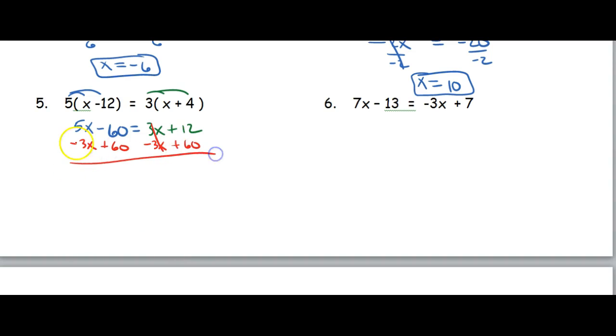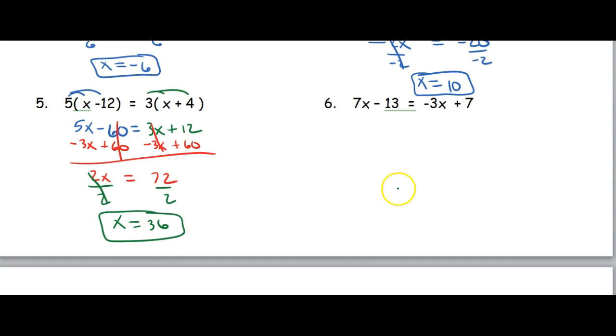Add 60. Now, 5x minus 3x is 2x equals 12 plus 60 gives me 72. My final step is to get rid of this 2 by undoing multiplication using division, and I get x is equal to 36. Okay?